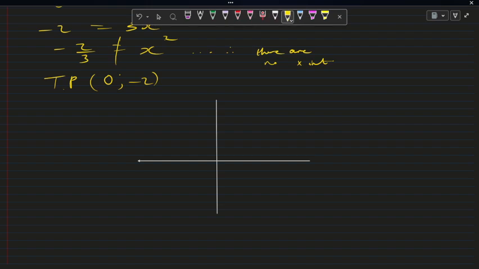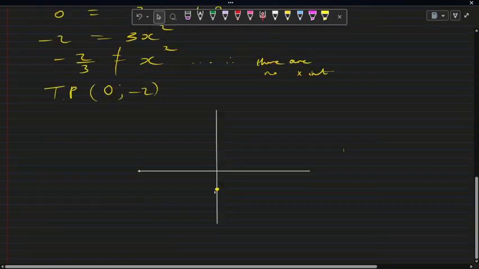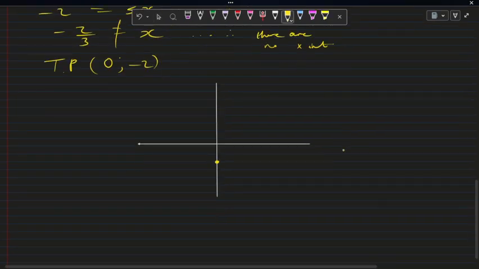So the turning point is at x is 0, y is minus 2, so it is somewhere here, minus 1, minus 2. And then the graph is negative 3x squared minus 2, so it will be a sad face, so it will look something like that.